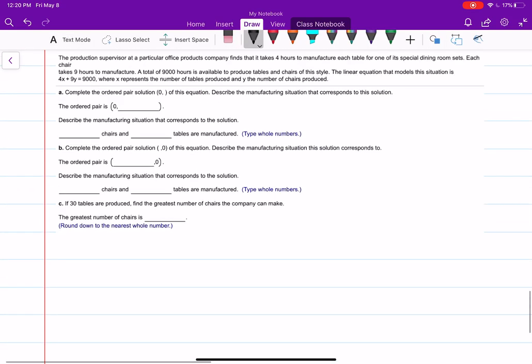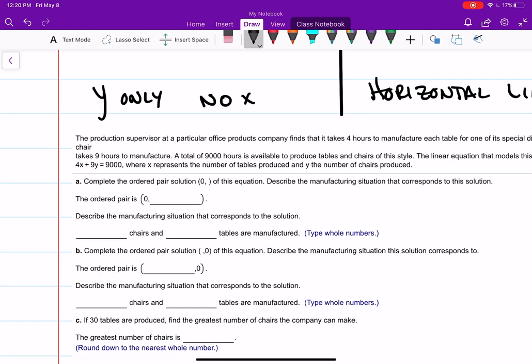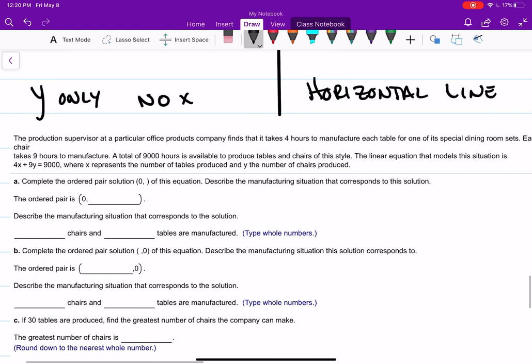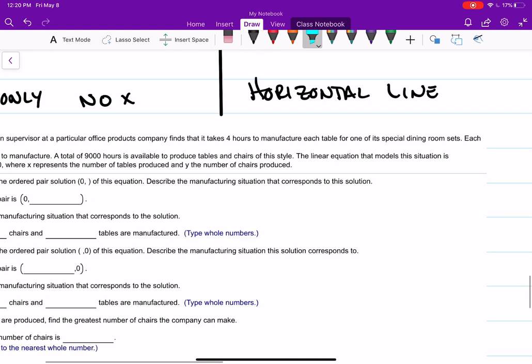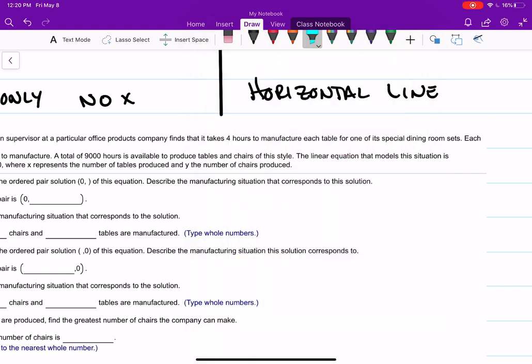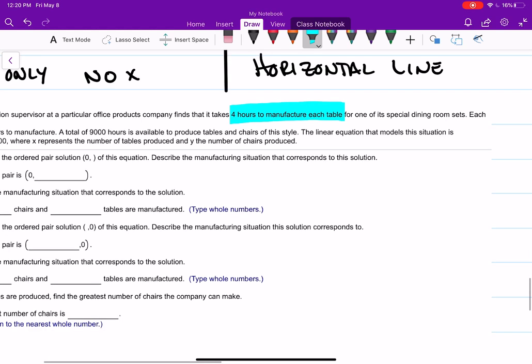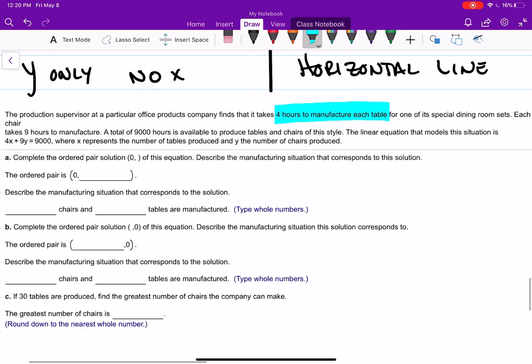All right, so if you look at this problem here, it says the production supervisor at a particular office products company finds that it takes 4 hours to manufacture a table for one of its special dining room sets.